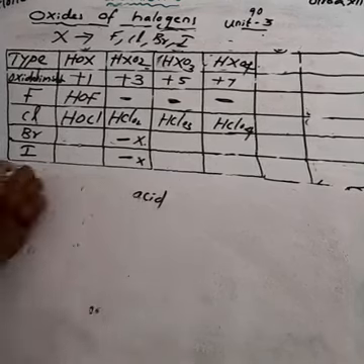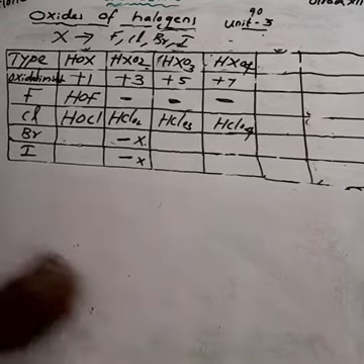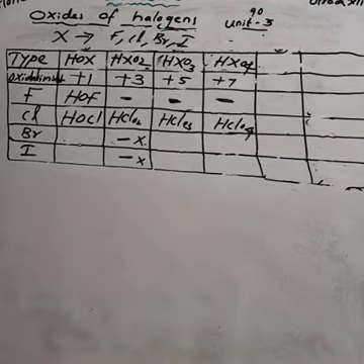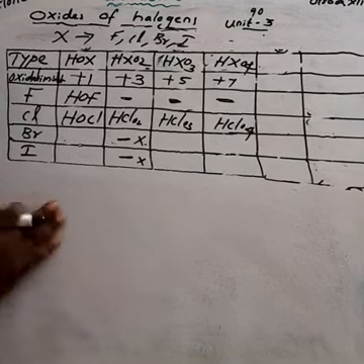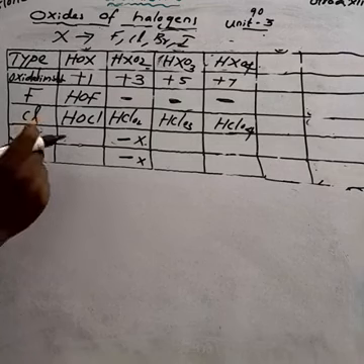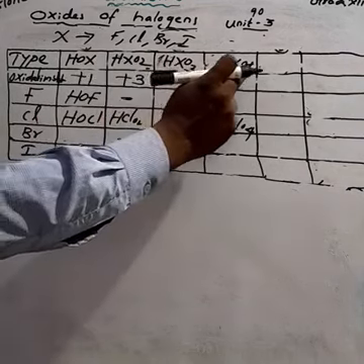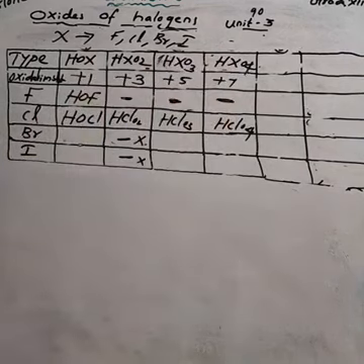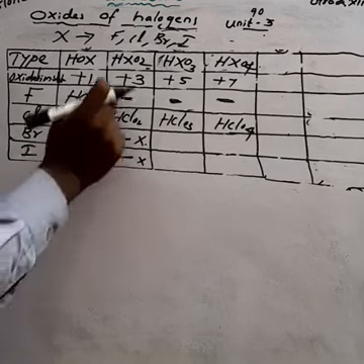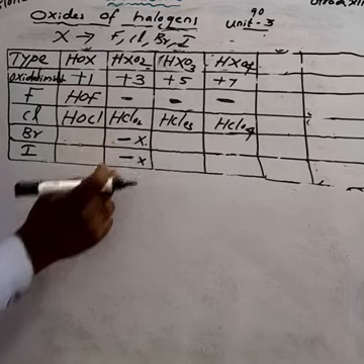Next, bromine and iodine can form only 3 types: HOX, HXO3, HXO4. Bromine and iodine cannot form the HXO2 type.